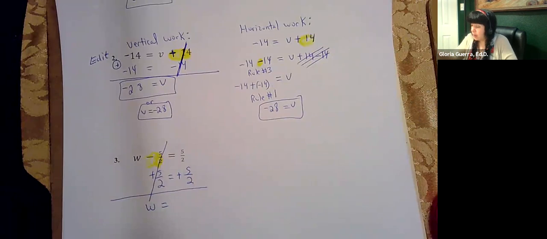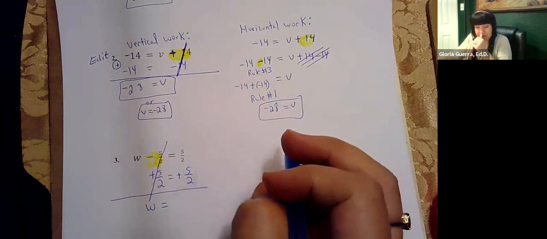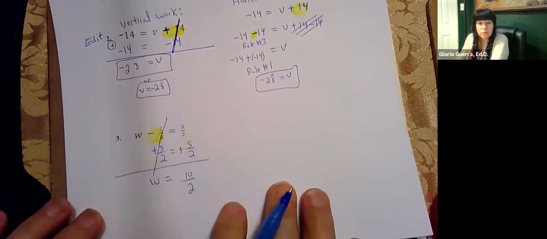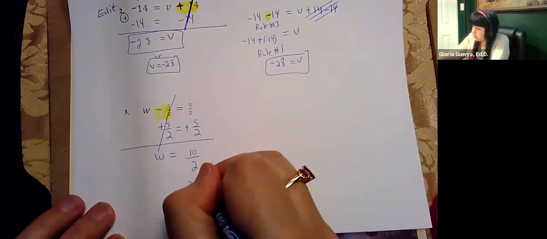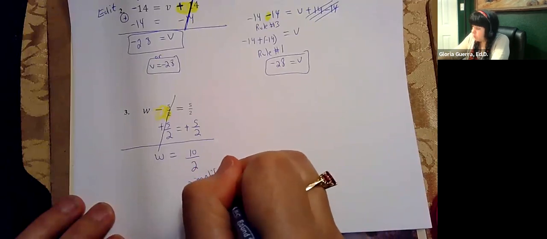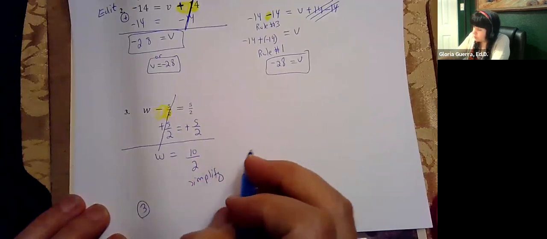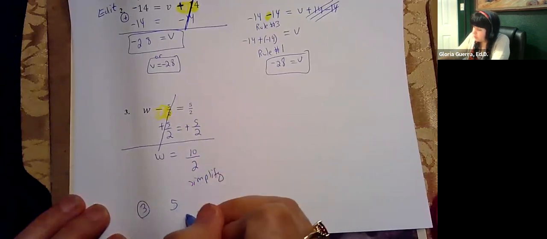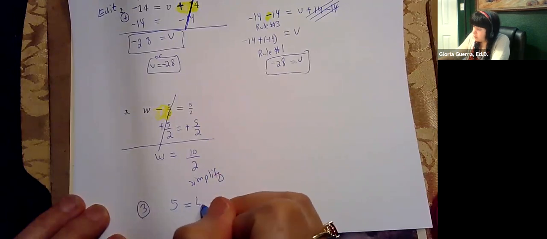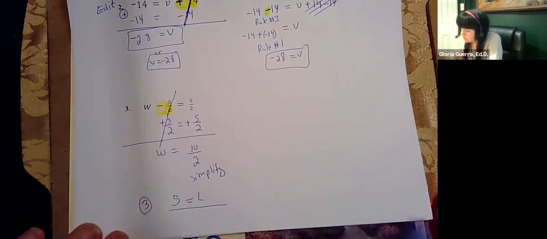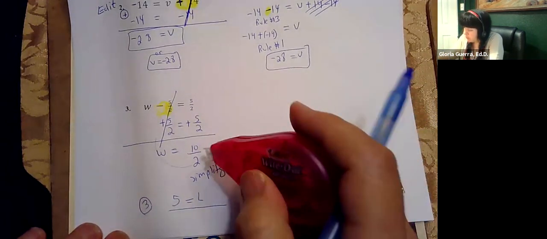I combine the top numbers, that's 5 and 5, right, which is 10 over 2. And now I'm going to simplify. So 2 goes into 10 5 times, so 5 equals W, right? 10 divided by 2 is 5.